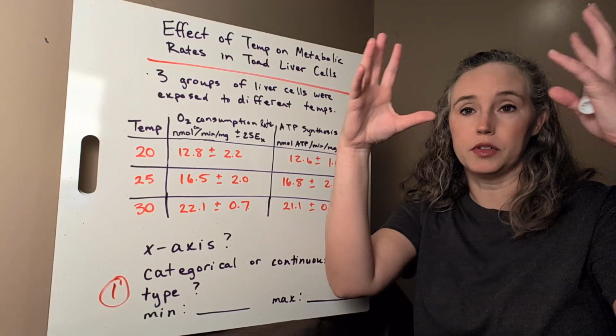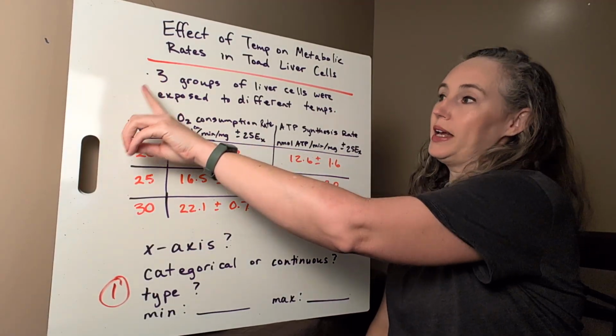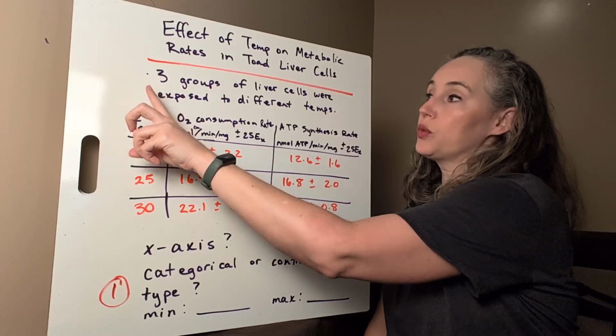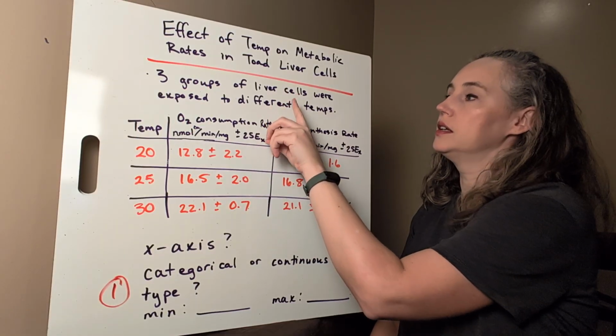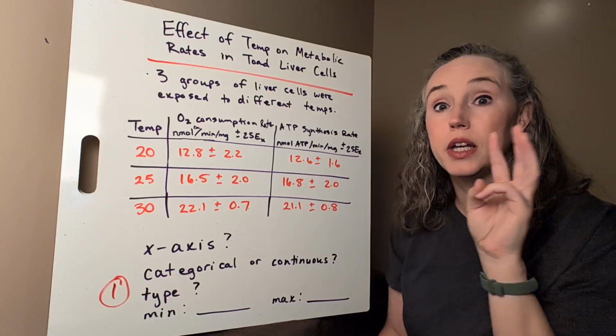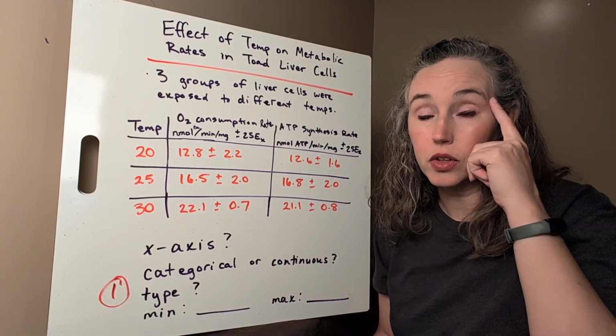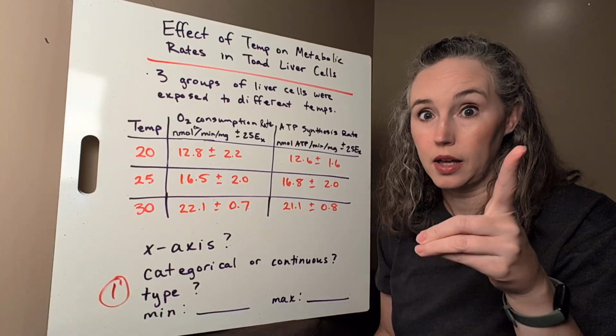Now, usually they'll give you some big paragraph, but I didn't want to waste space on that. So we got 3 groups of liver cells that were exposed to different temperatures. 3 groups. So that's going to tell us we've got groups, categorical.